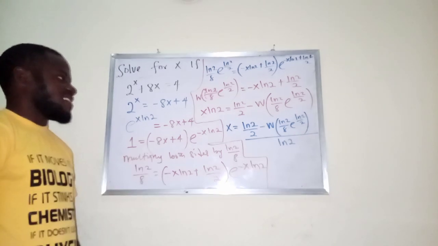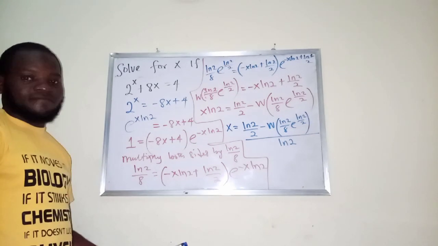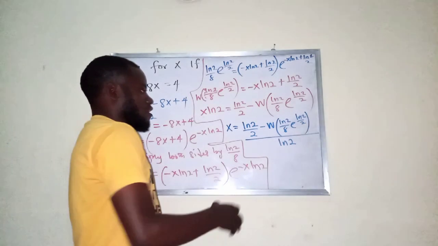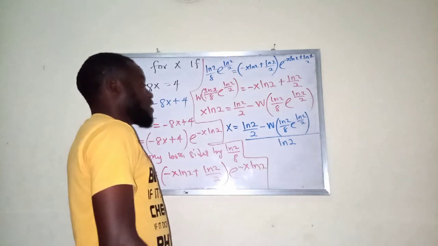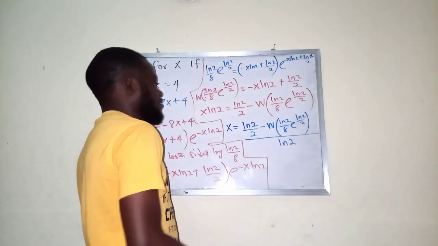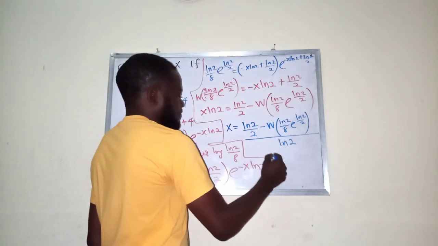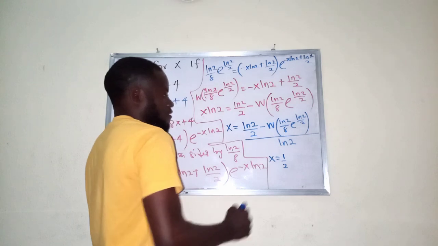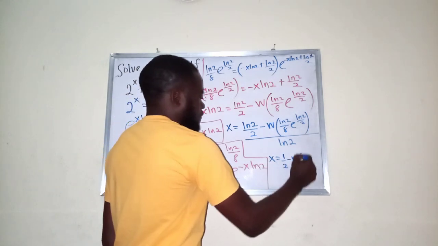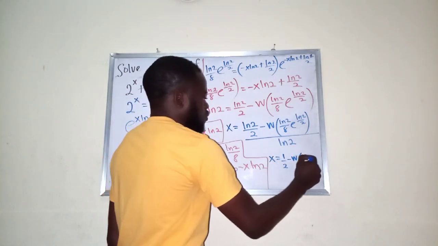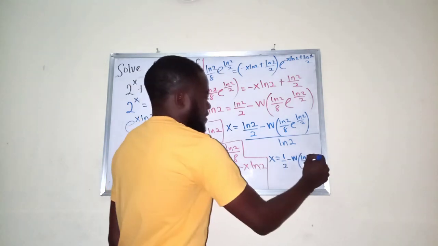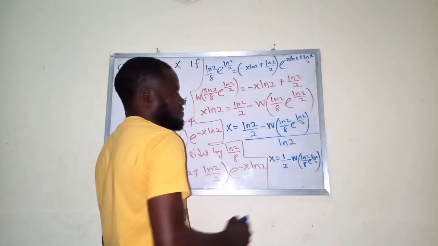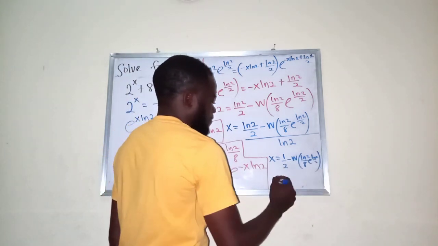Okay, I think now we are progressing, isn't it? If that should be the case, I can just say x equal 1 over 2 minus W function of ln 2 over 8 e to power of ln 2 over 2, times 1 over ln 2.